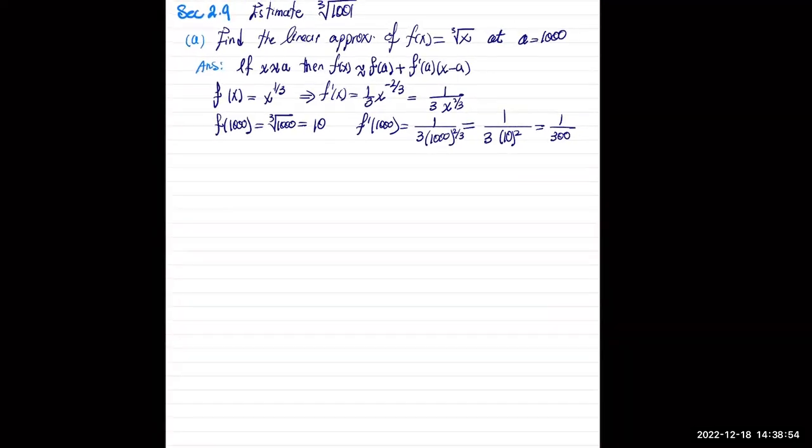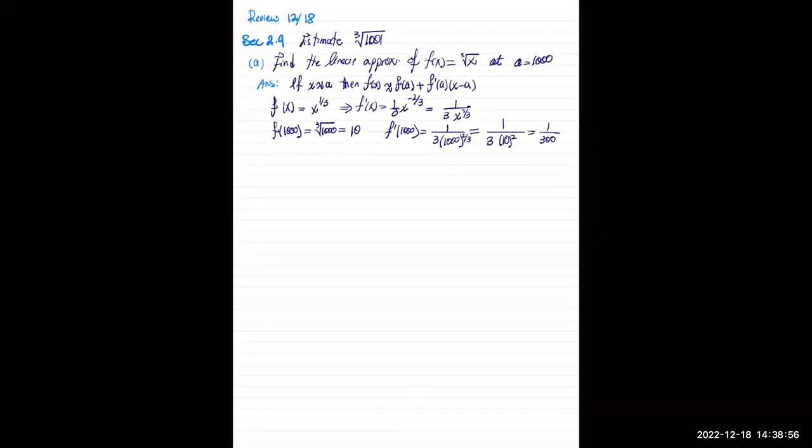We can now plug into the linear estimate formula. Cube root of x is approximately equal to f of 1,000 plus f prime of 1,000 times x minus 1,000.